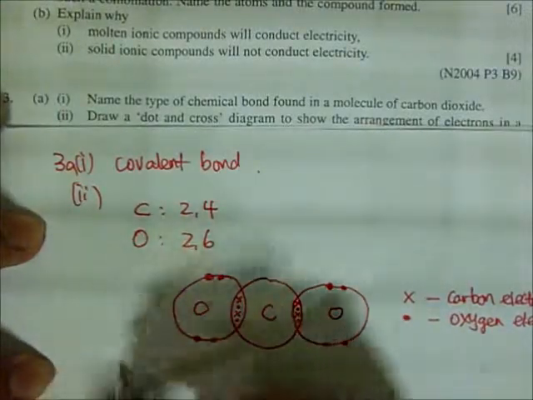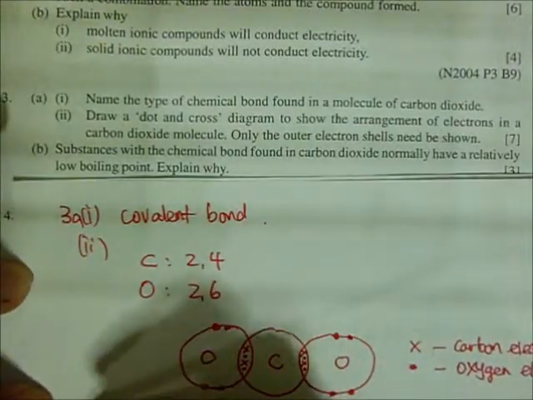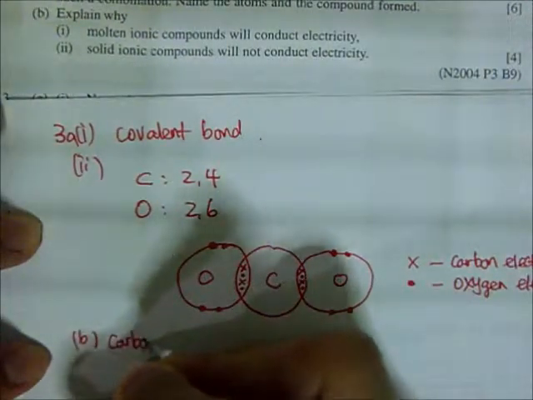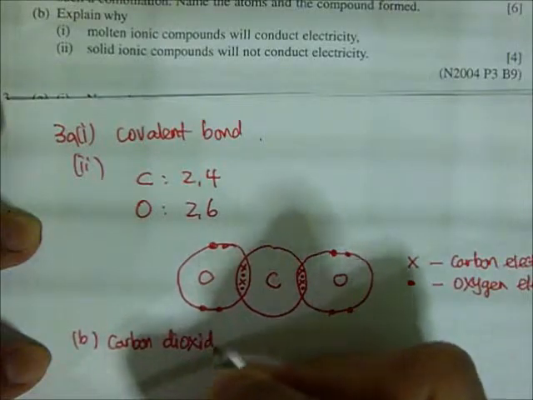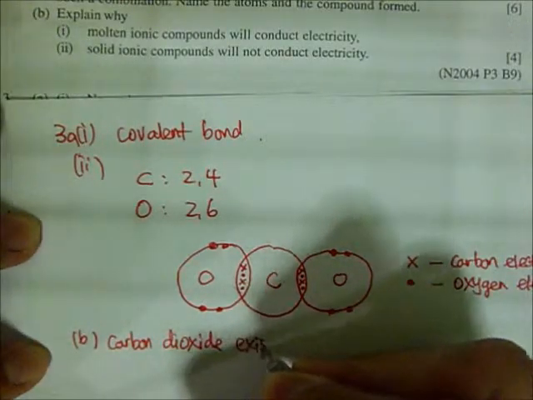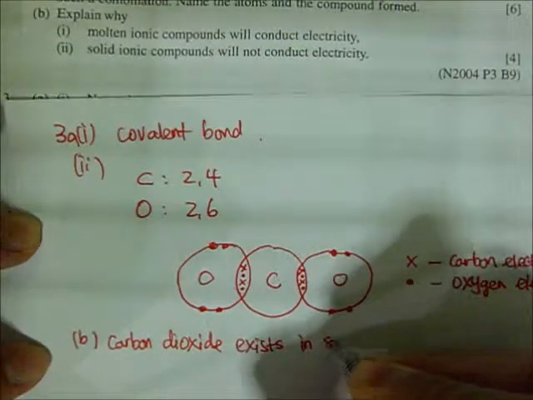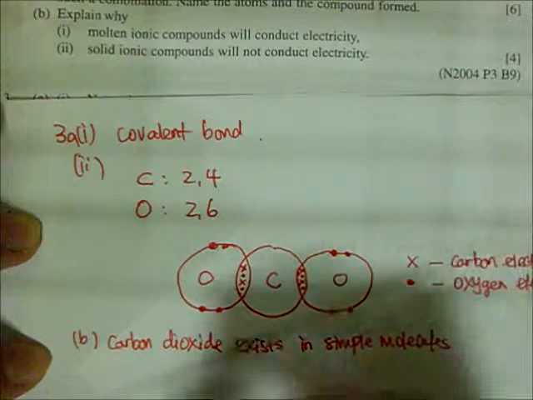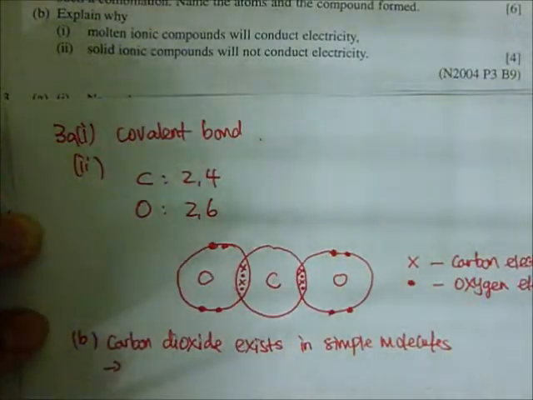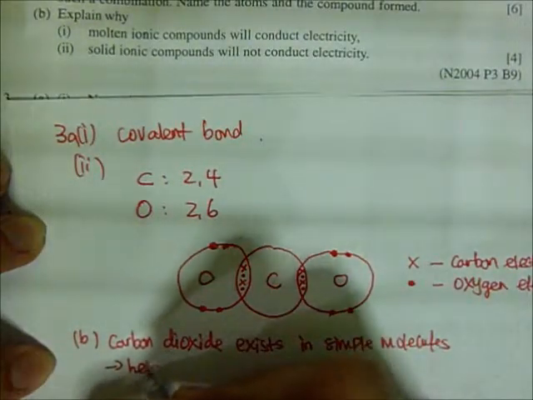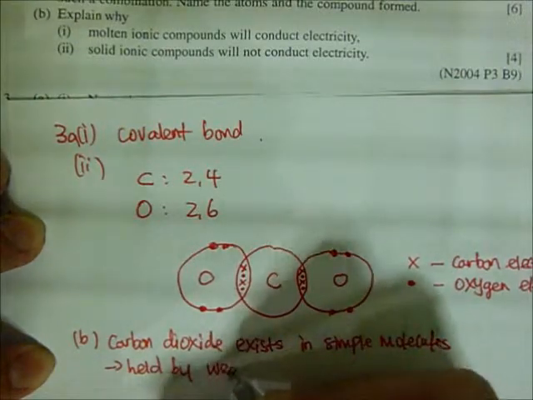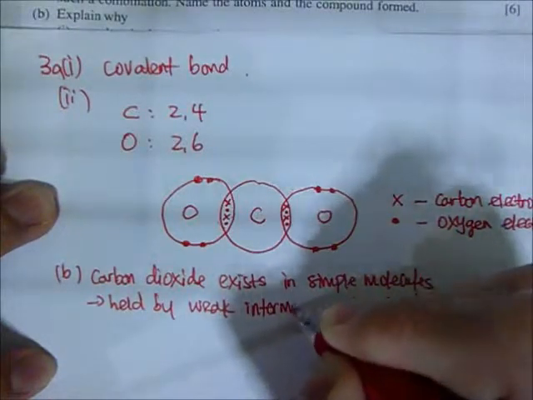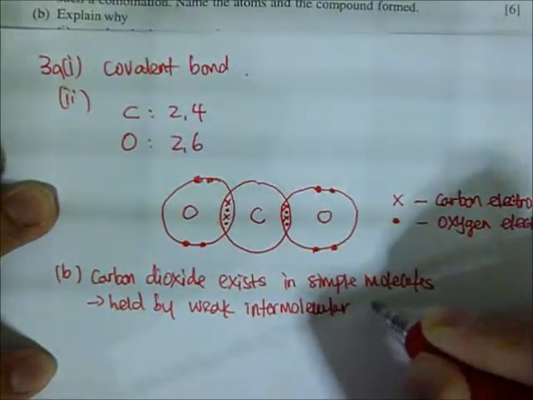Okay, so for part B, you can just say carbon dioxide exists in simple molecules, and these simple molecules are held by weak intermolecular forces.